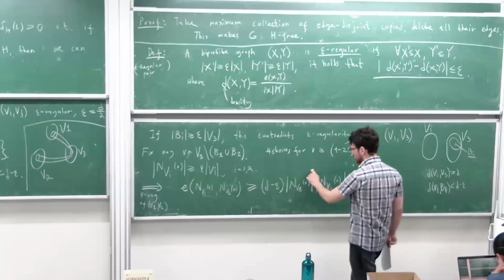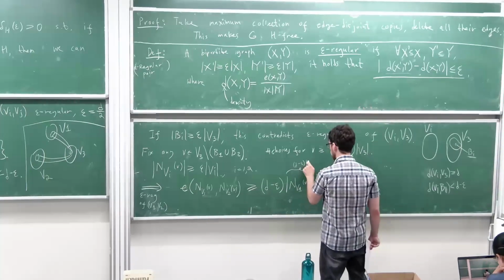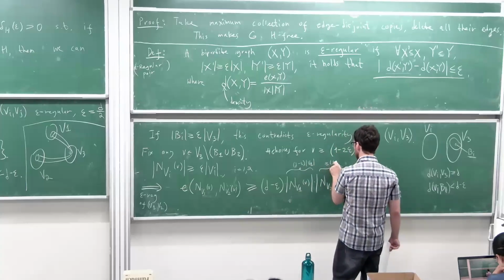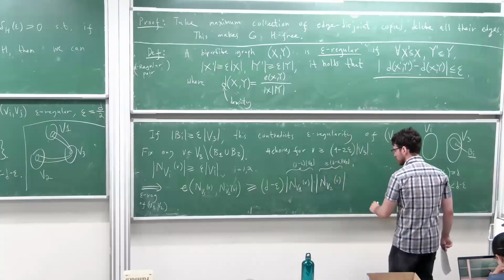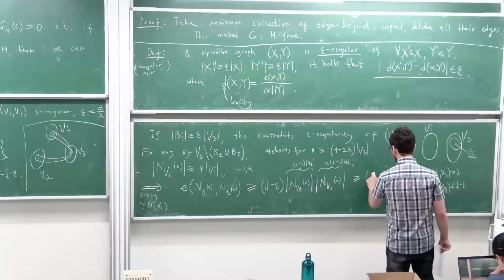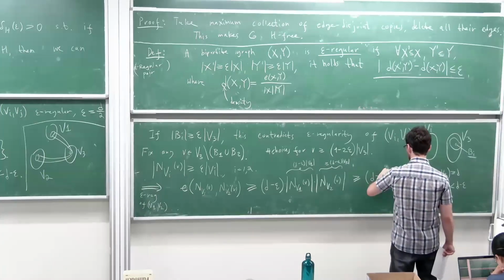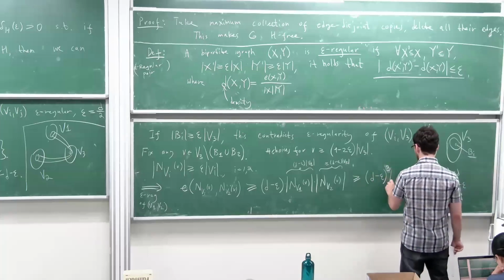And each of these is large: this is (d minus epsilon) times V1, this is (d minus epsilon) times V2. So this whole thing is at least (d minus epsilon) cubed times V1 times V2.